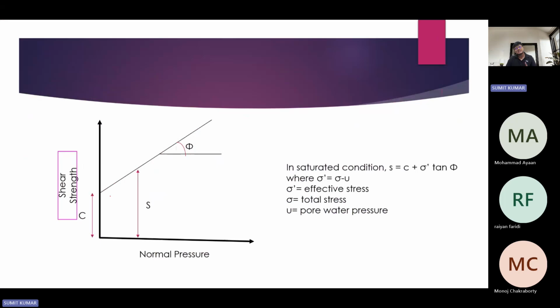Over here, the relation is linear from a specific value onward. For the saturated condition, S is equal to C plus sigma dash tan phi, where sigma dash is sigma minus U, where sigma is the total stress and U is the pore water pressure. Sigma dash is the effective stress, while the total stress is known as sigma and U is the pore water pressure.